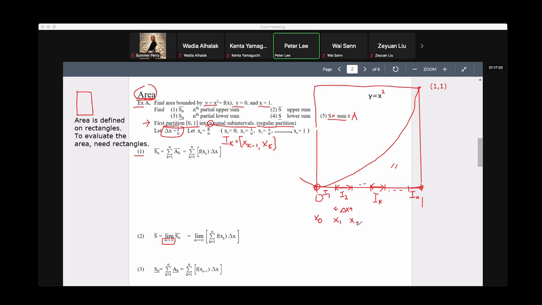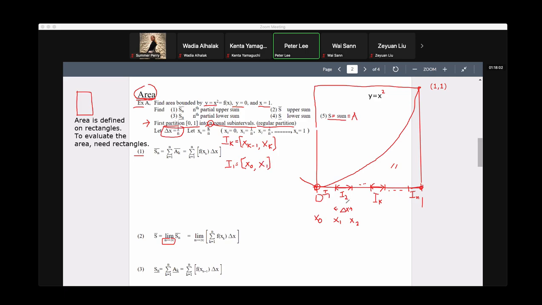Note that I1 is the interval from x0 to x1. So when k equals 1, I1 is equal to x0, comma x1. If I substitute k equals 1, then I sub 1 is equal to x sub 0 to x sub 1. That is the first interval.